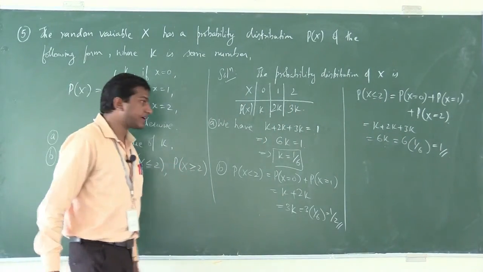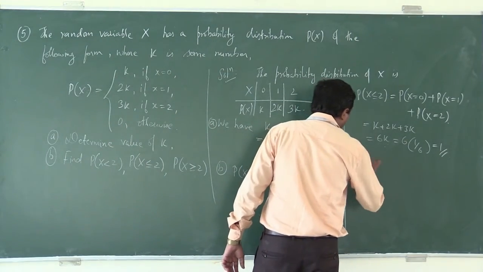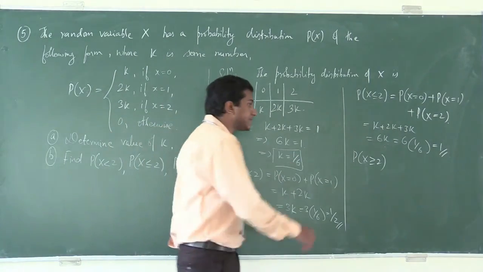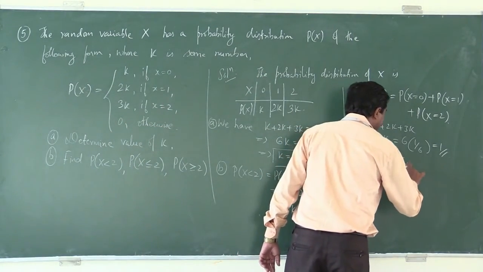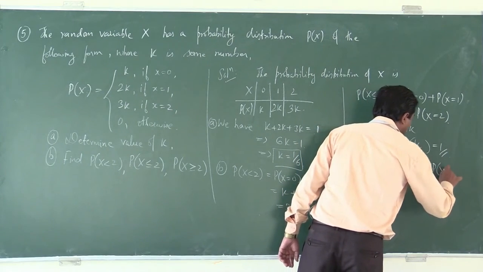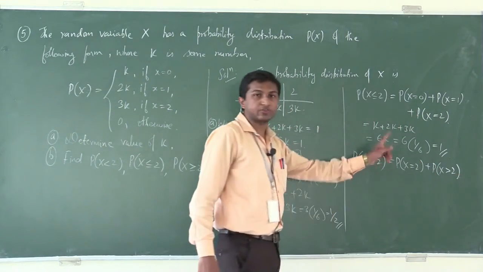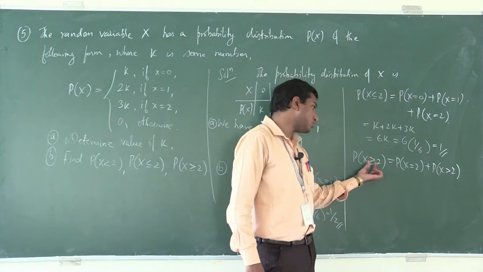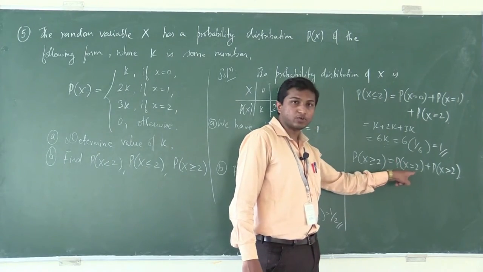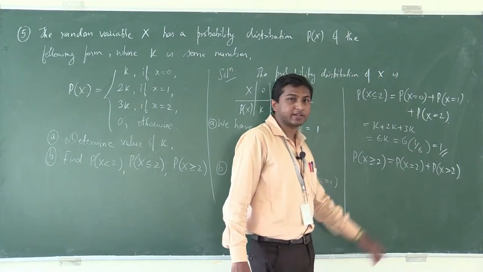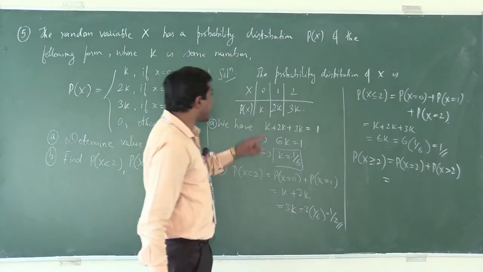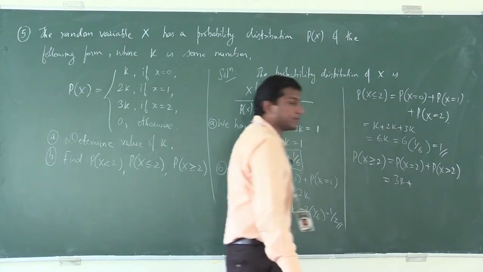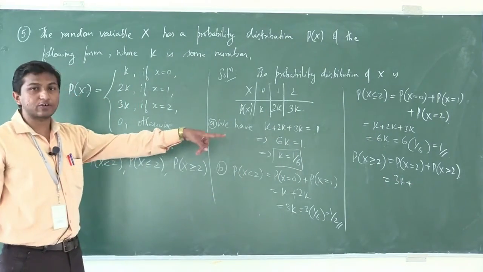Looking at the last question, P of x greater than or equal to 2. So I can write this as P of x equals 2 plus P of x strictly greater than 2. So there are two conditions here. But what is P of x being equal to 2? It is 3k. Plus what is P when x greater than 2?